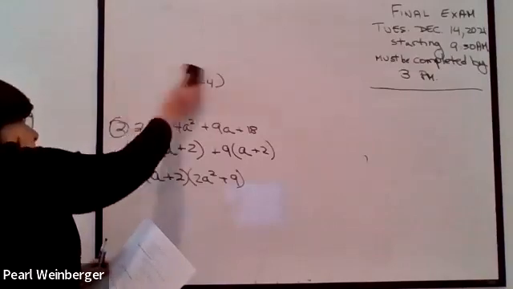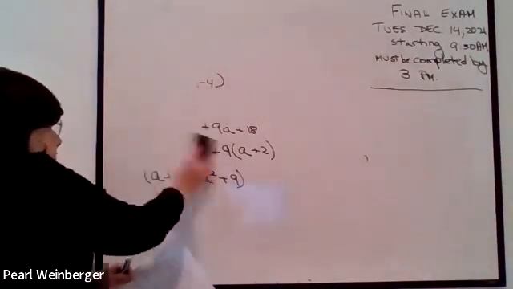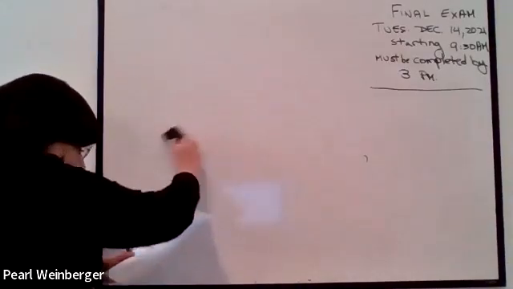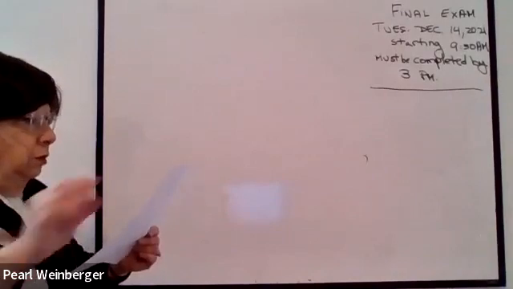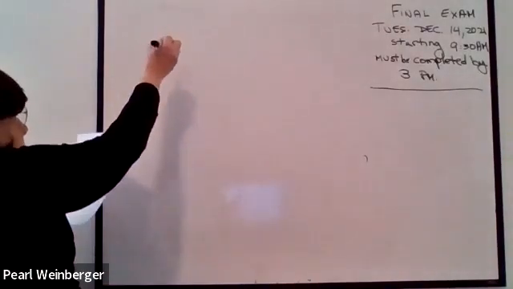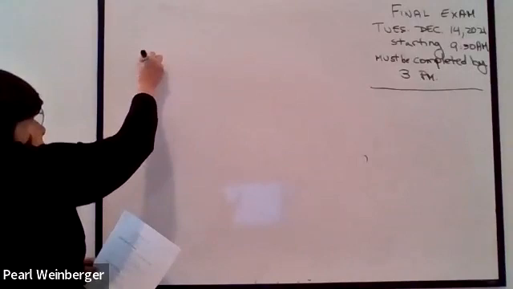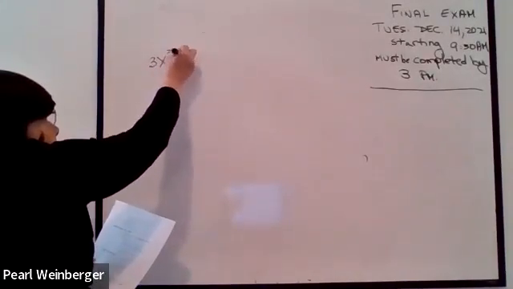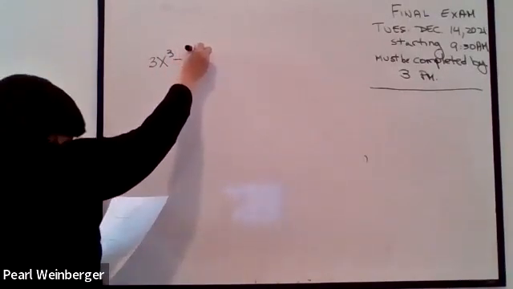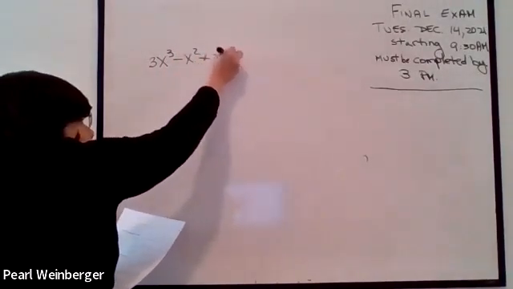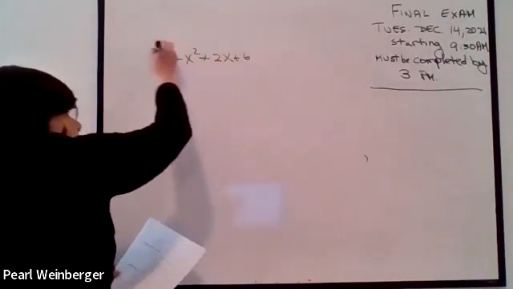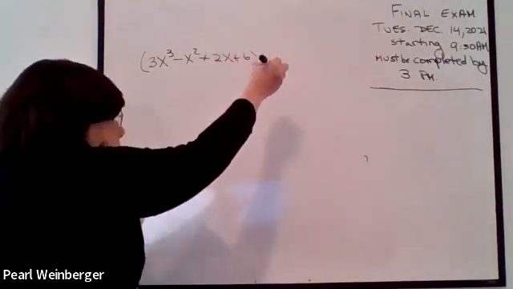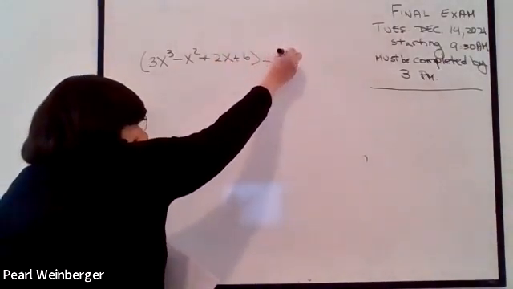I'm just going to give one example now because this is going to take a lot of space. So what if I wanted to divide 3x cubed minus x squared plus 2x plus 6? I want to divide that by, this is a division problem, it's not a factoring problem, x plus 1.